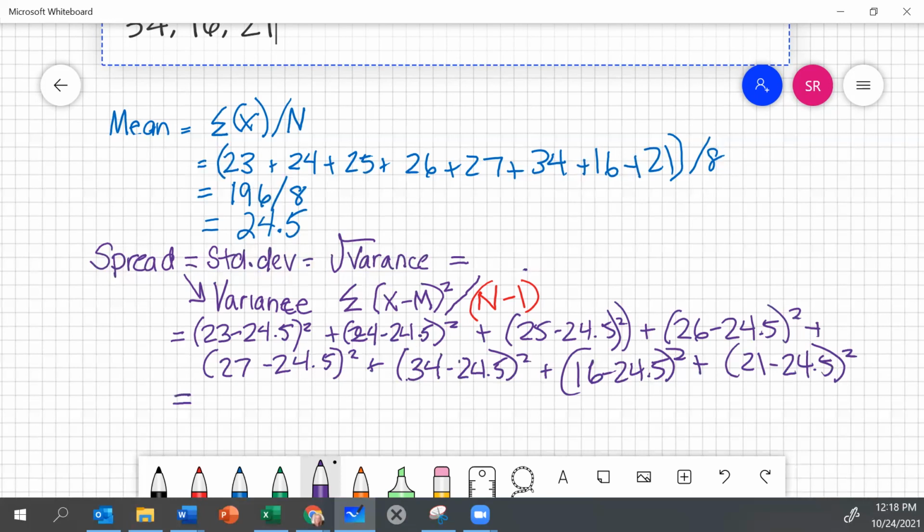So that equals minus 1.5 plus minus 0.5 plus 1.5 plus 2.5 plus 9.5 plus minus 8.5 plus minus 3.5.